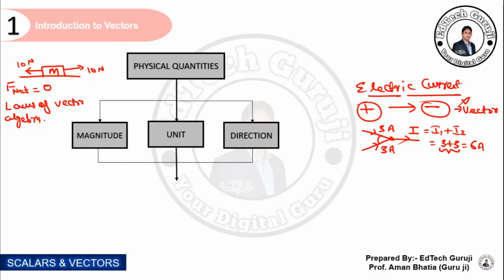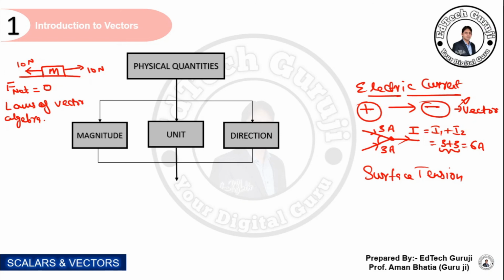Otherwise, as I said, like current, there is another example: you will study something called surface tension. These quantities do have direction and magnitude both, but they are not vectors. So you will say, okay sir, then are they scalars? I would say we may assume them to be scalars because they are adding like scalars.